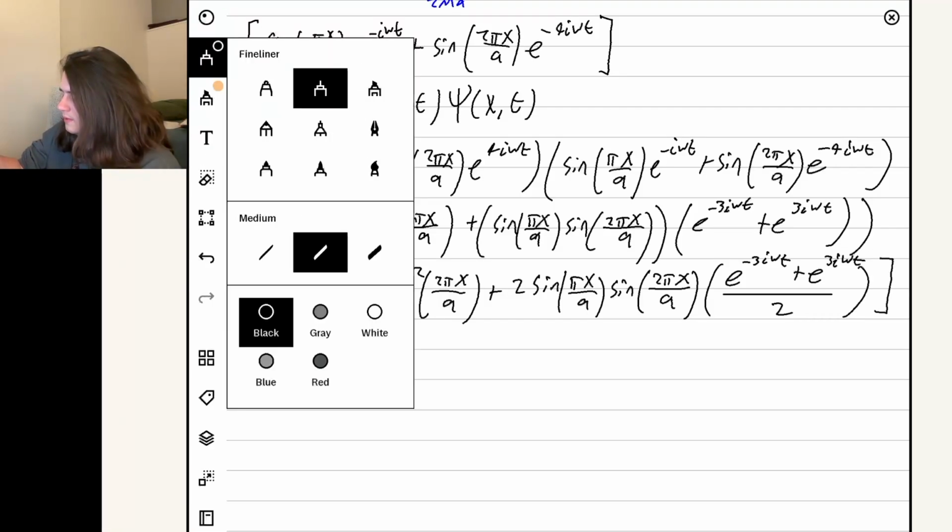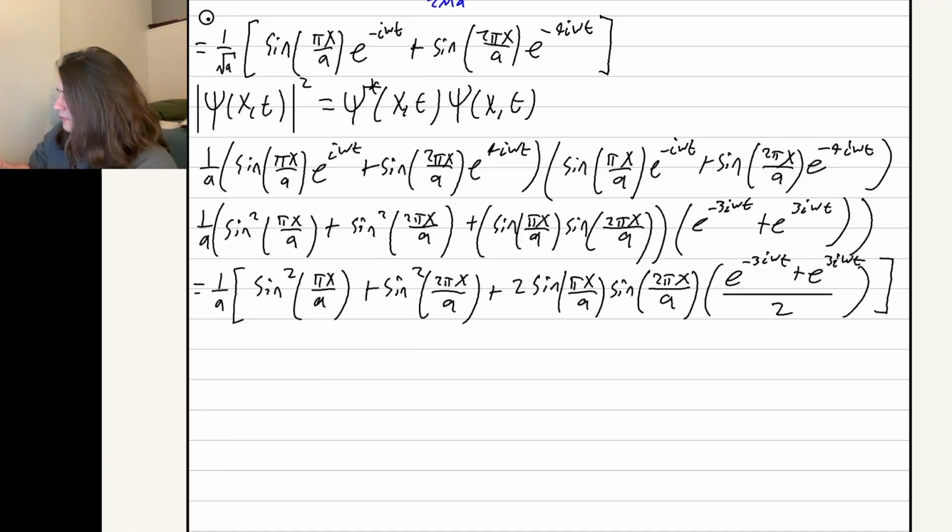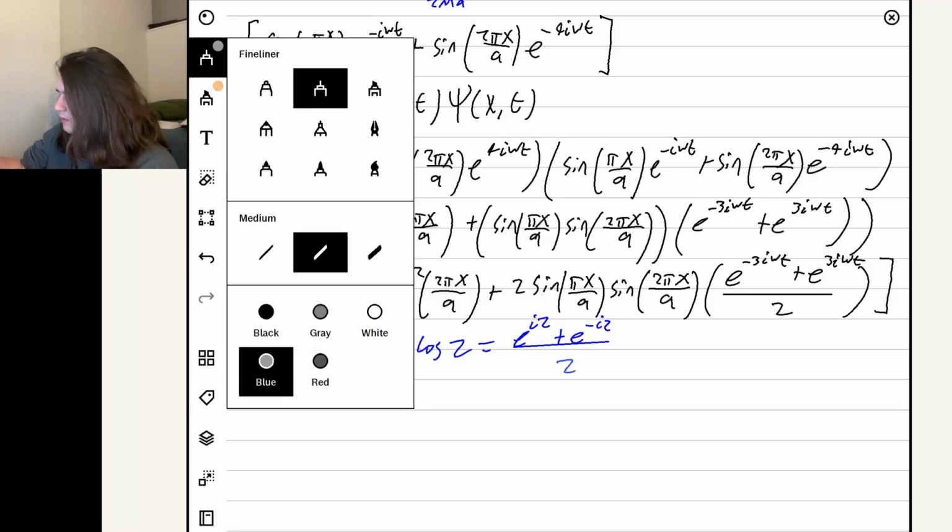And if you haven't seen this before, cosine of z is equal to e to the iz plus e to the minus iz over 2. So instead of having exponentials, we just have a cosine, actually.